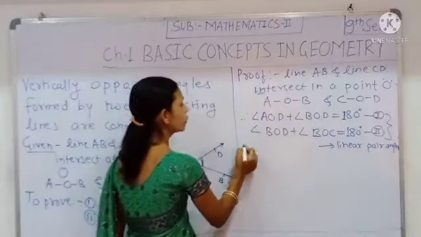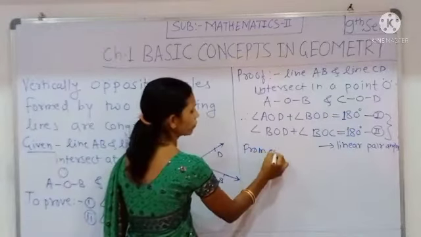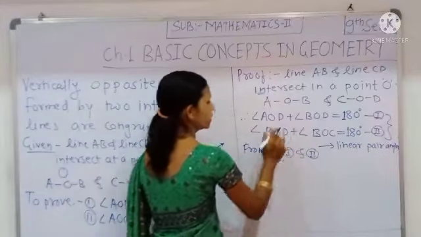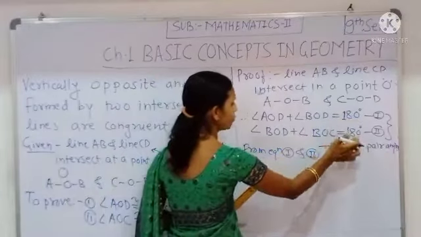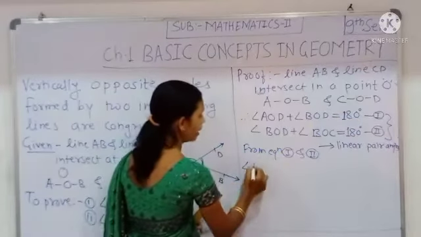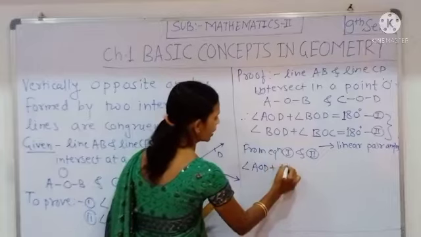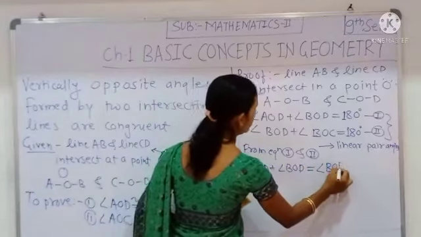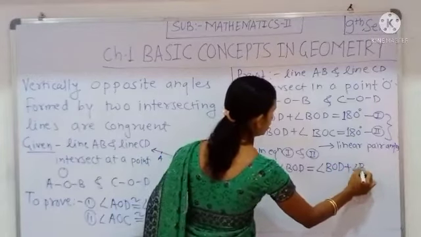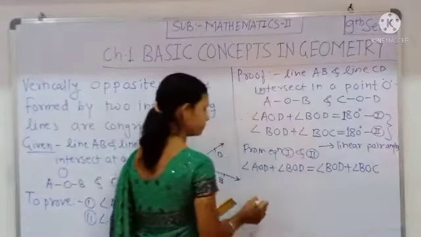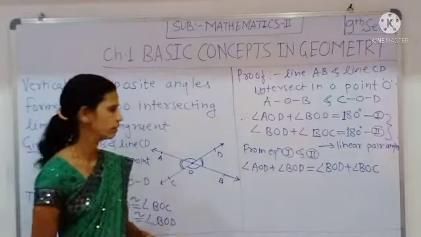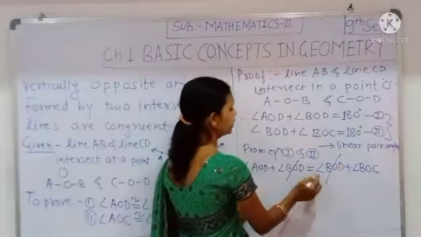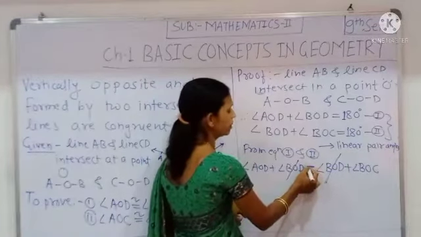Then from equations 1 and 2, see here, the right-hand sides are the same. Therefore angle AOD plus angle BOD is equal to angle BOD plus angle BOC, and angle BOD on both sides gets cancelled.